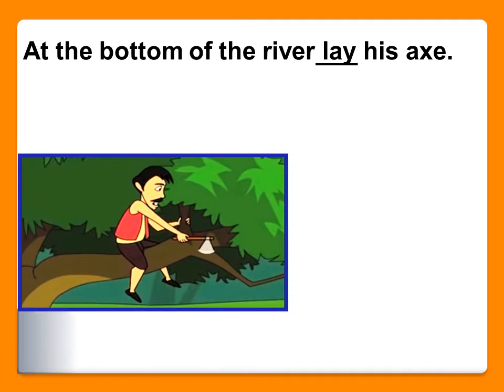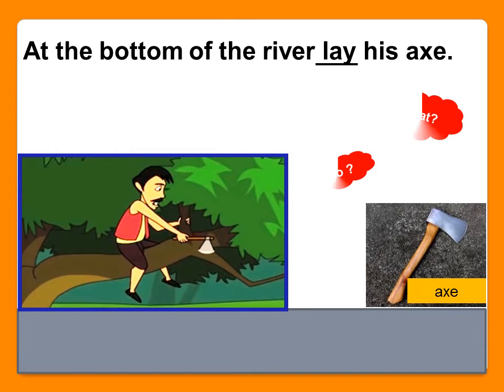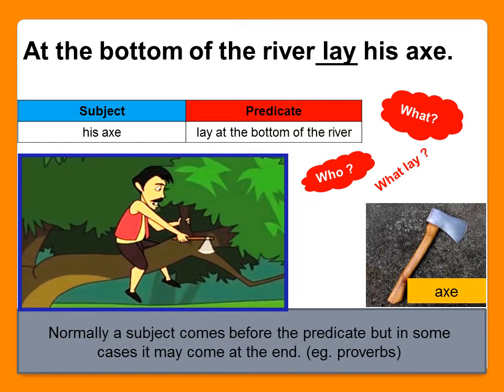Now, I'll frame a question using the same verb at the end of the question, which will start with who or what. So, the question is, what lay at the bottom of the river? And the answer is his axe. So, here the subject is his axe and the predicate is at the bottom of the river.